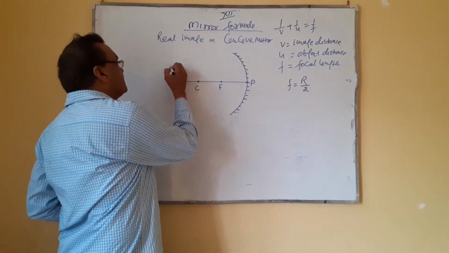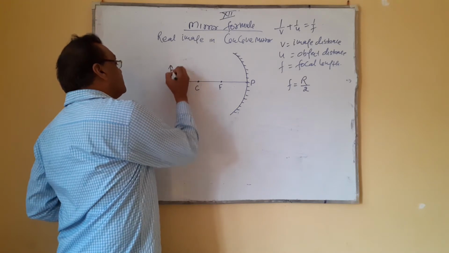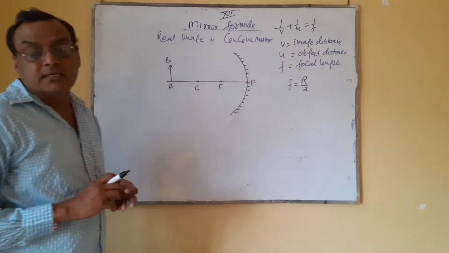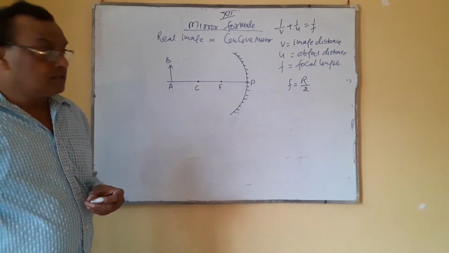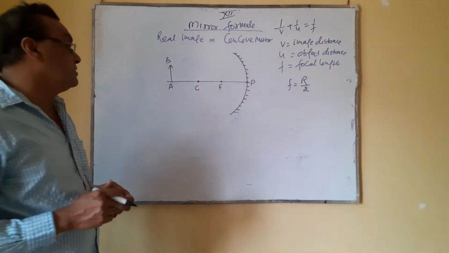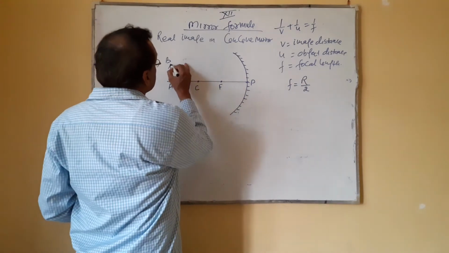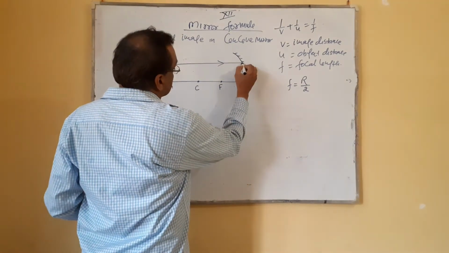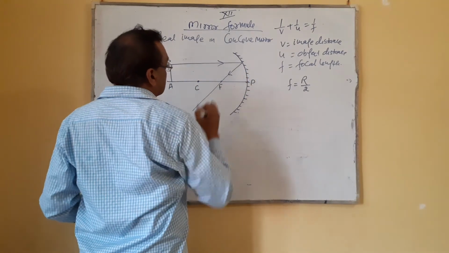Suppose we are taking one case. This is the object, AB, that is placed beyond C. The first ray is parallel to the principal axis, passing through the focus.